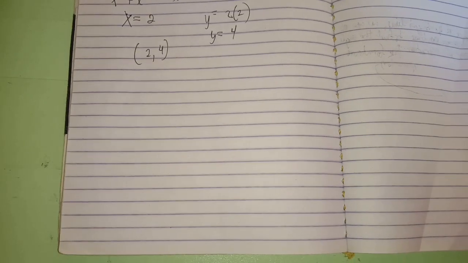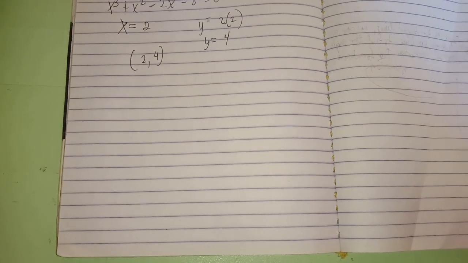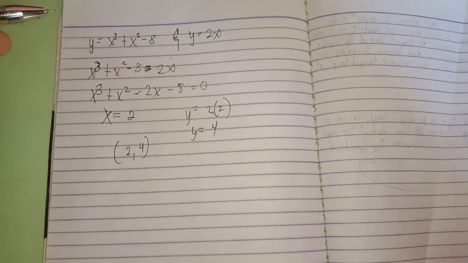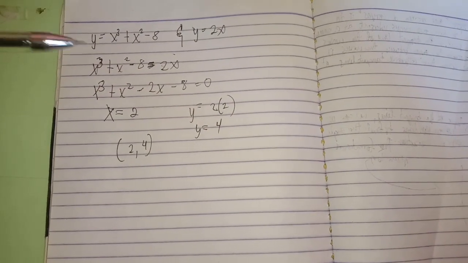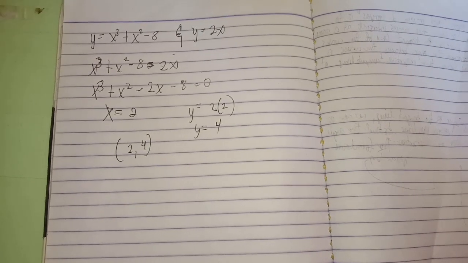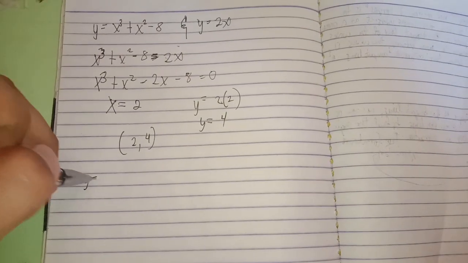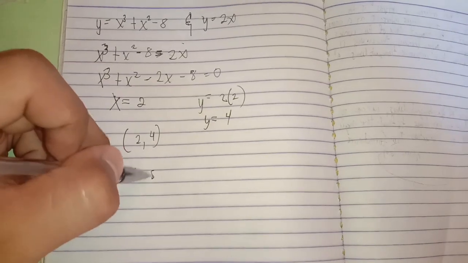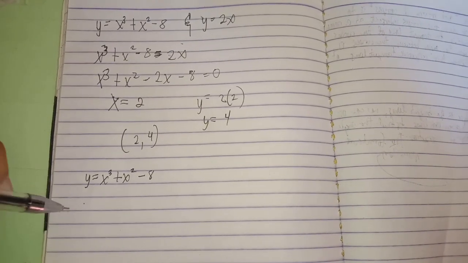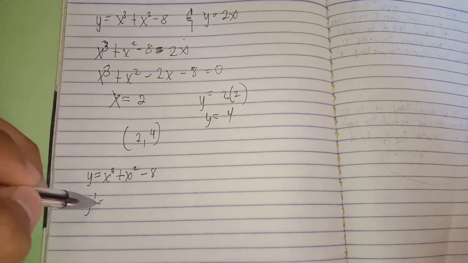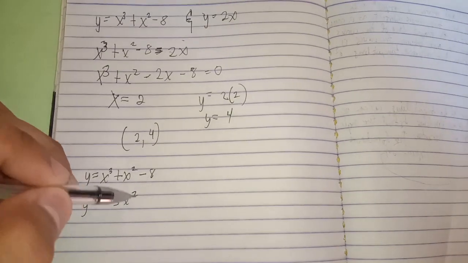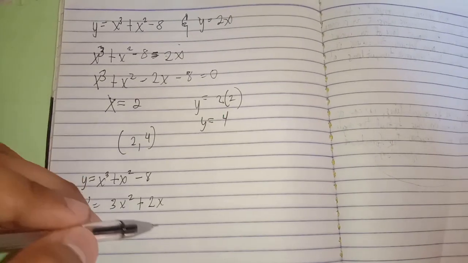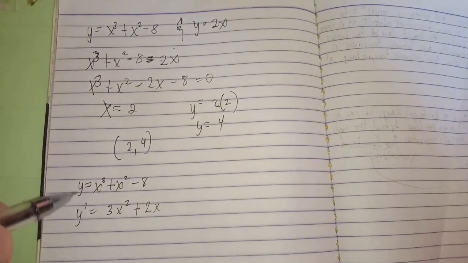We are going to the second step, the slopes of the two equations. So in step 2, the first curve is y equals x cubed plus x squared minus 8, and we are going to derive: y prime is 3x squared plus 2x minus 0, but we will not put 0 because it is nothing.